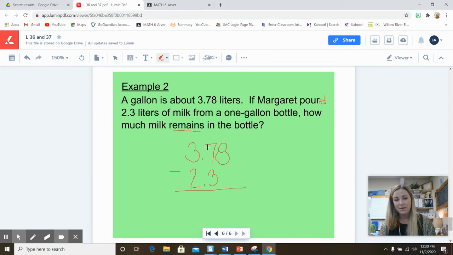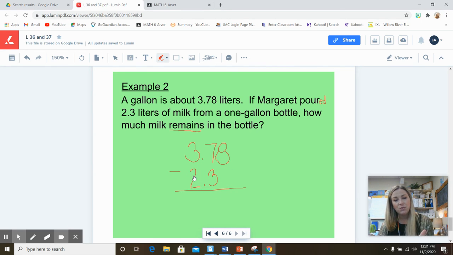This right here, this 3 and 78 hundredths, came from this information right here in the beginning, that a gallon is about 3 and 78 hundredths liters. So I have that in place of gallon. It says she poured from a 1-gallon bottle. And then I'm subtracting the 2 and 3/10 away from there. Again, I'm left with an empty space here.